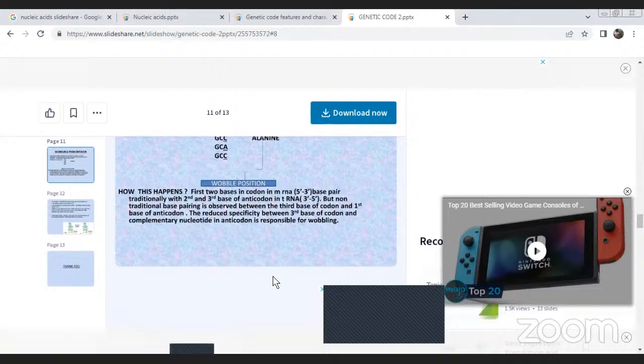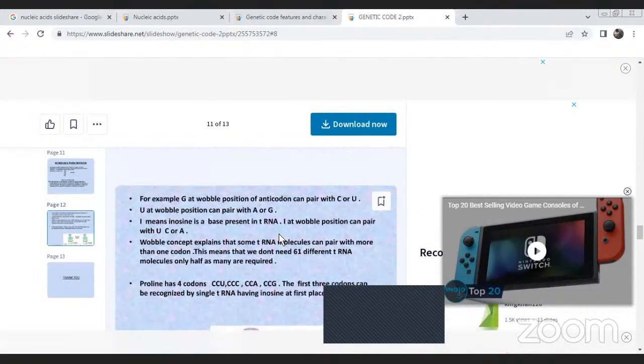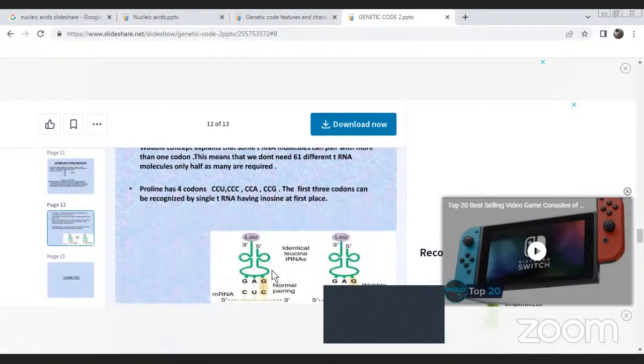The reduced specificity between the third base of the codon and the complementary nucleotide of the anticodon represents the wobble phenomenon. The wobble position of the anticodon can pair with C or U. U at the wobble position can pair with A or G, adenine and guanine. The wobble concept explains that some tRNA molecules can pair with more than one codon. This means it does not need 64 different tRNA molecules. Only about half of that number is required.